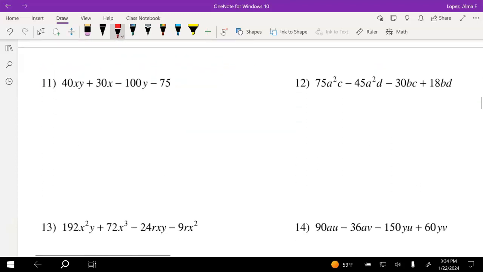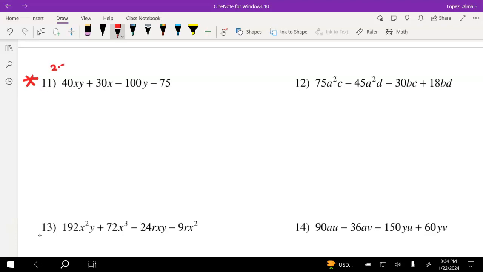Let's continue. Now on this one, I'm going to ask you to put a star by it. Because it will actually be a 2-part question in that 40, 30, 100, and 75 will all have a common factor first.